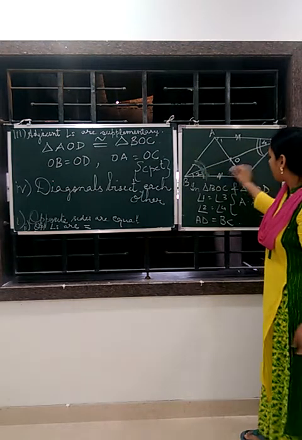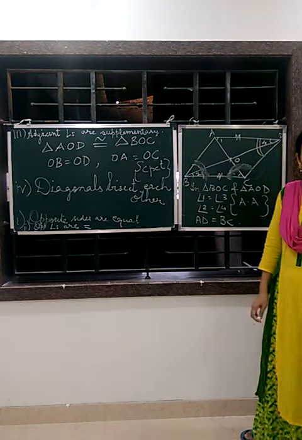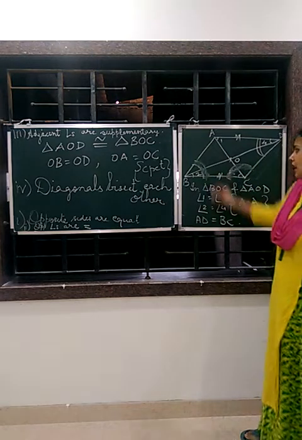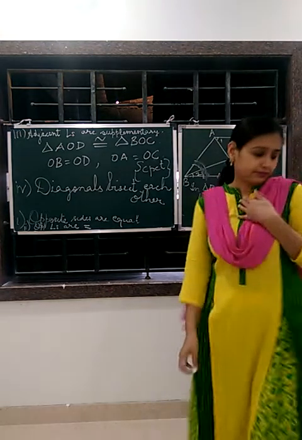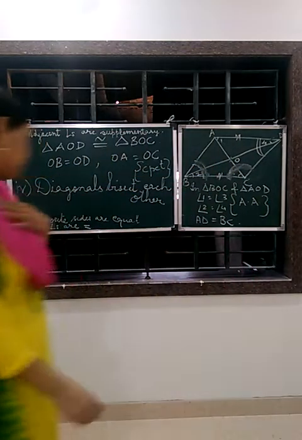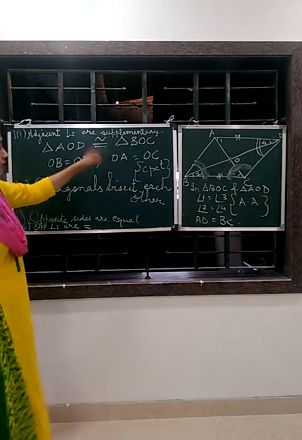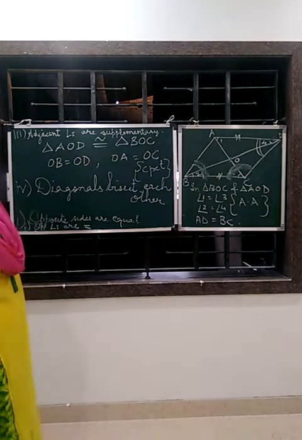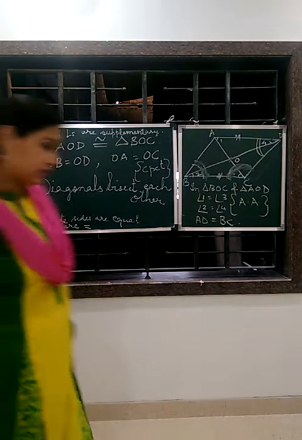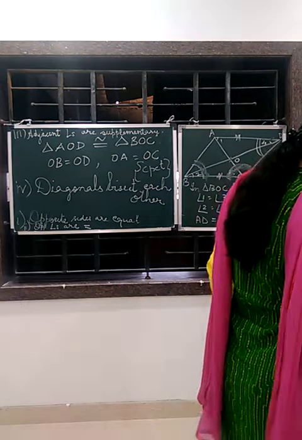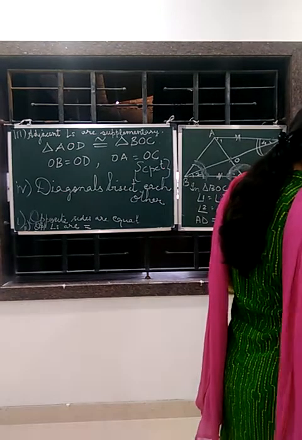They are meeting at a point O because O is common on both sides. You can see. So this completes the properties.